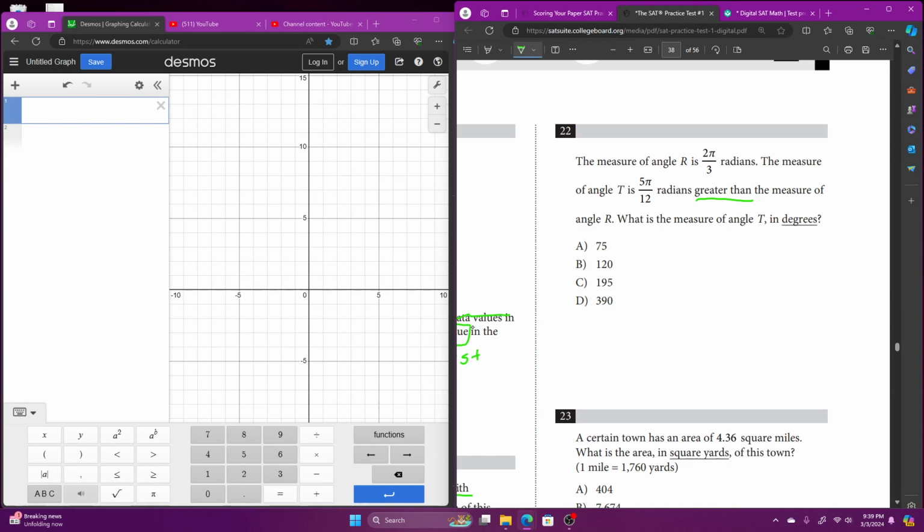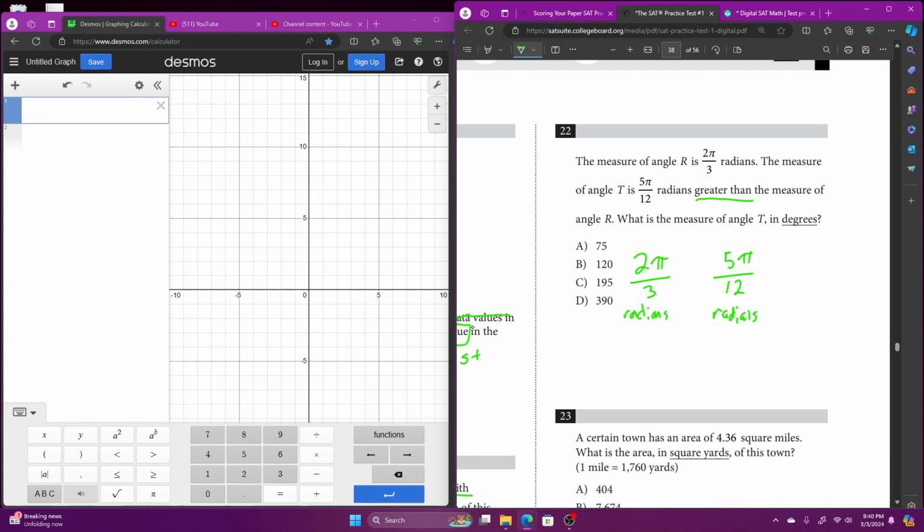So if angle R is 2 pi over 3 radians, and this one is 5 pi over 12 radians greater for angle T, what do I have to do with these two radians?